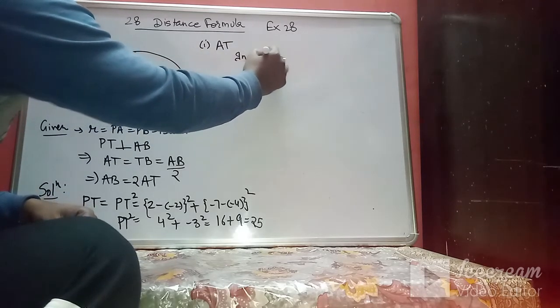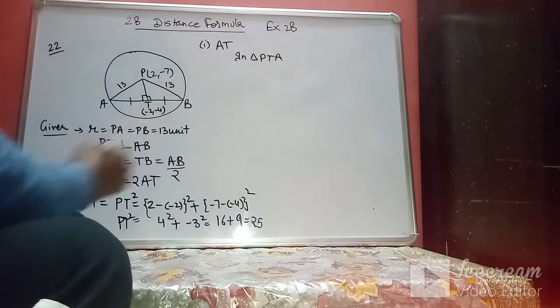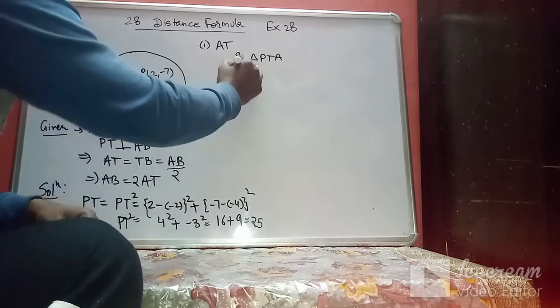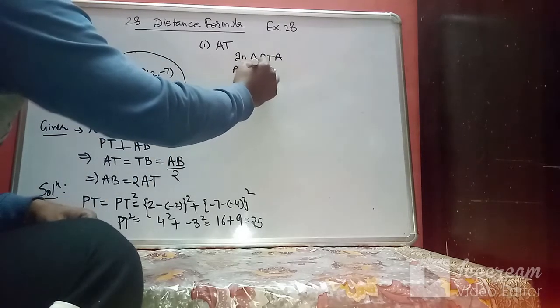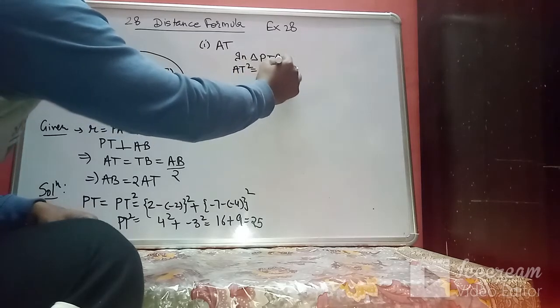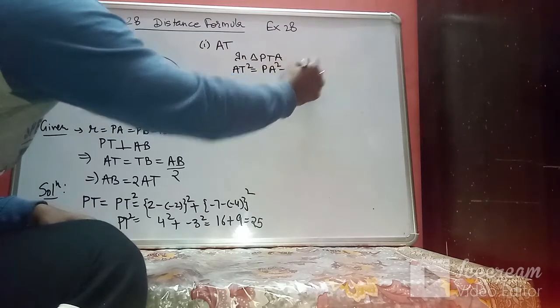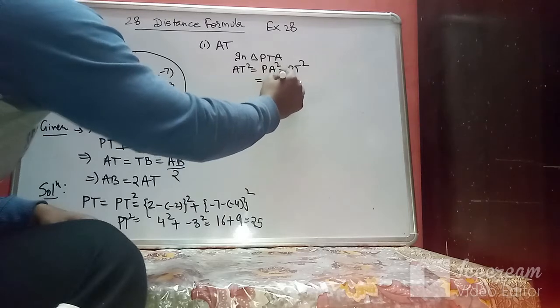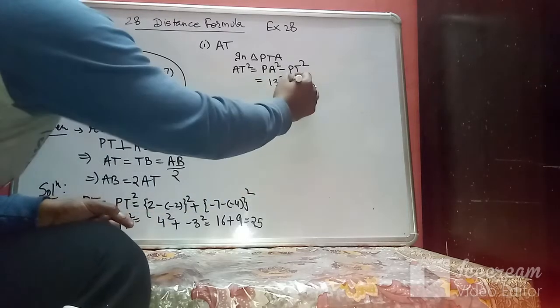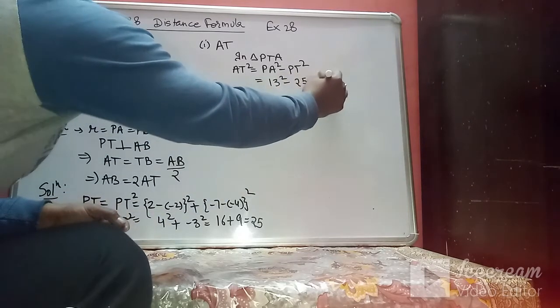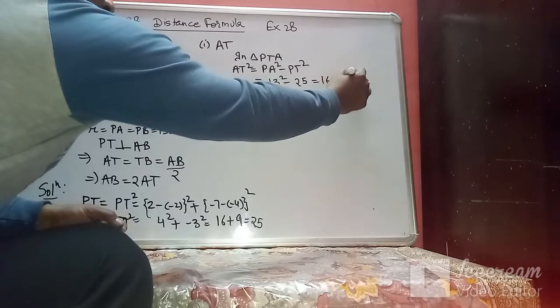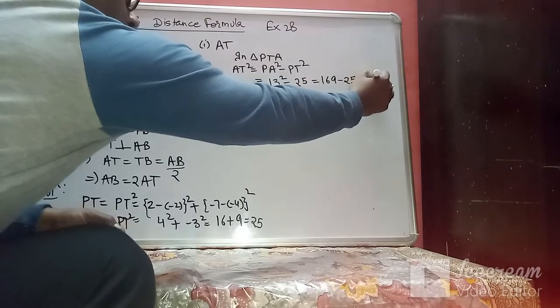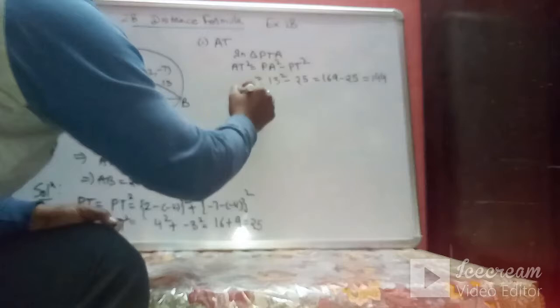So for AT, in triangle PTA, we have to find AT. AT square will be equal to PA square minus PT square, that is 13 square, and PT square we have already found. So it is 169 minus 25, that will be equal to 144.